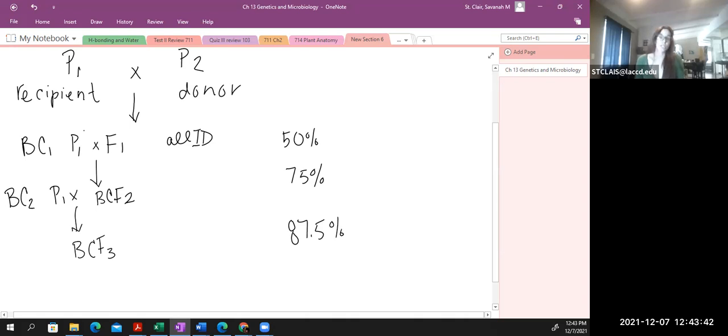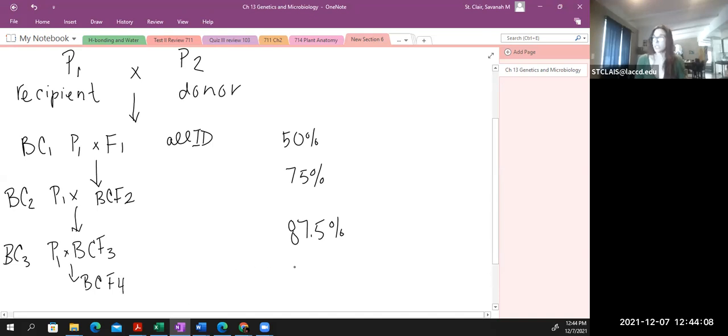So it's going to fairly well resemble P1 at this point after our BC2. Okay, and then for our third back cross, it will go as such. Okay, so we have our P1, which is our recurrent parent or our recipient parent, being crossed with our BCF3, and that's going to give you BCF4.